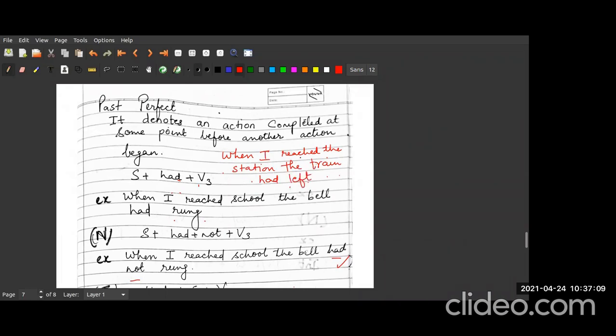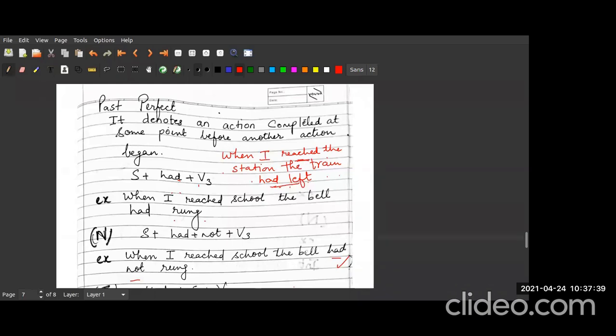Past में दो काम हुआ. You reached the station and the train left. But which thing happened earlier? The train left earlier. ट्रेन पहले निकल गई, तुम स्टेशन बाद में पहुंचे. तो जो काम पहले हुआ उसके लिए had और जो काम बाद में हुआ उसके लिए simple past.